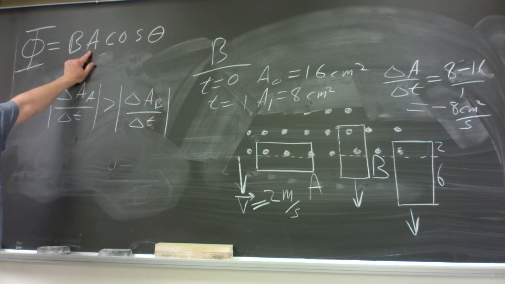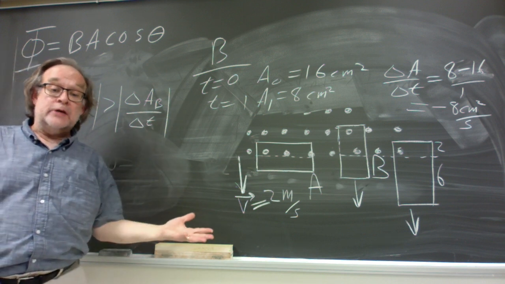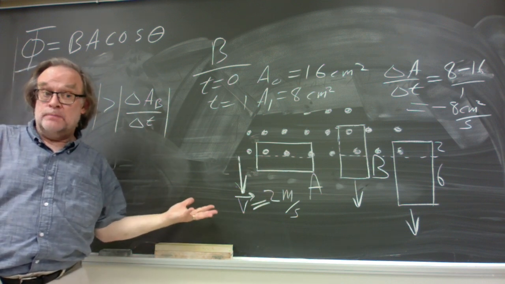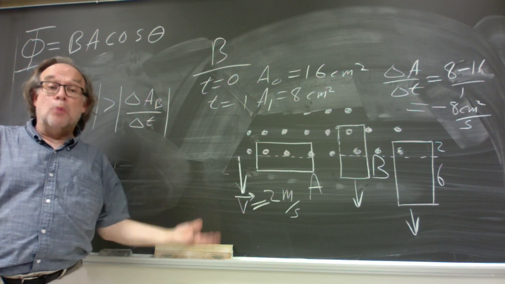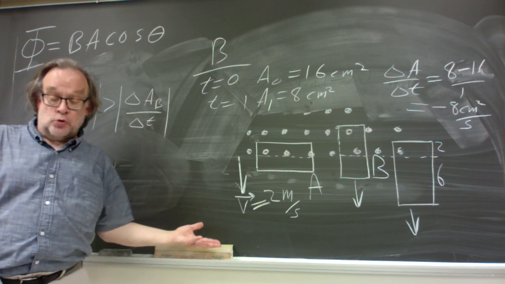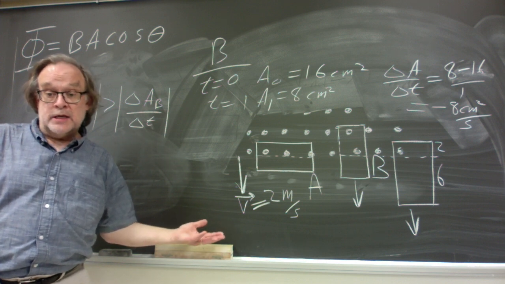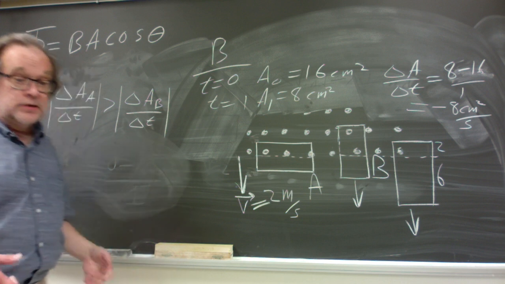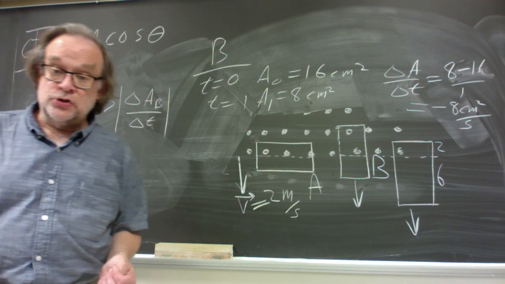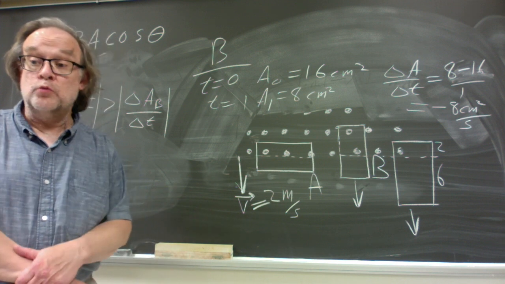This changes faster, which means the flux changes faster for loop A than it does for loop B. And as a result, more change, or faster change, means more induced current and a stronger induced voltage in case A, and a smaller induced potential difference for loop B, and therefore a smaller current for loop B.